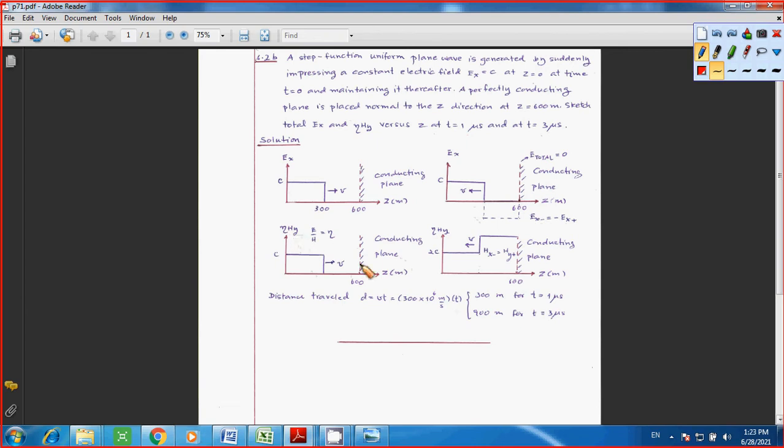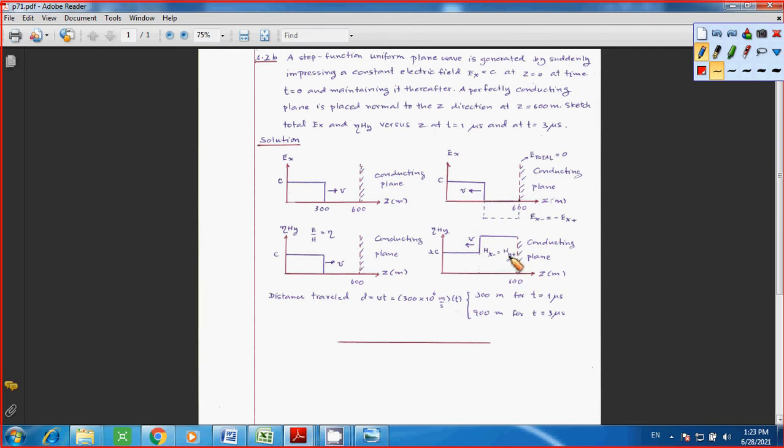For eta HY, it looks similar, except that HY minus is going to equal HY plus.